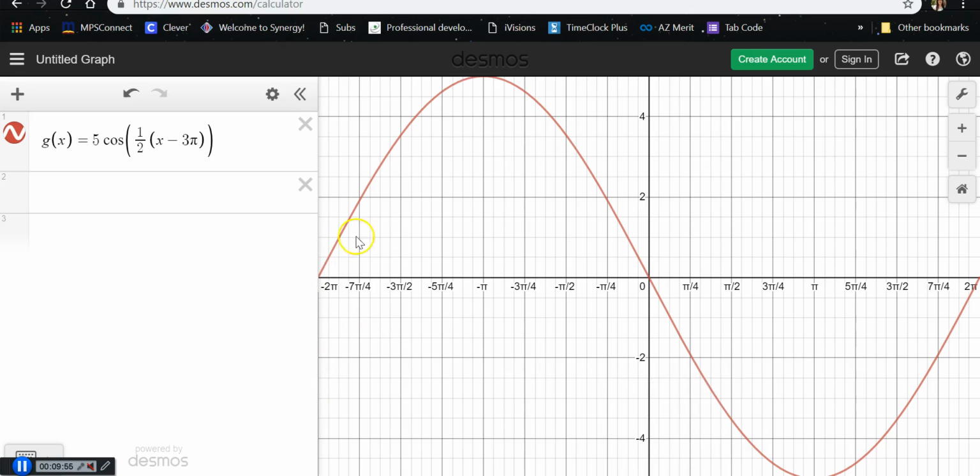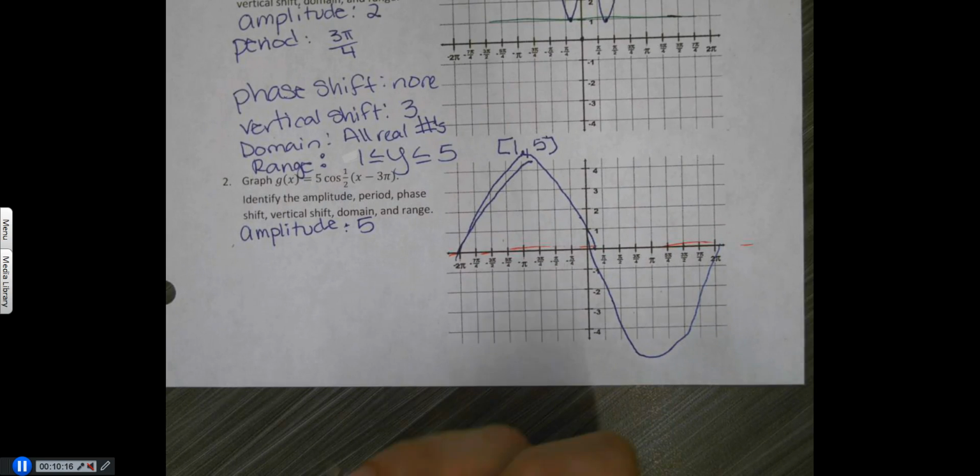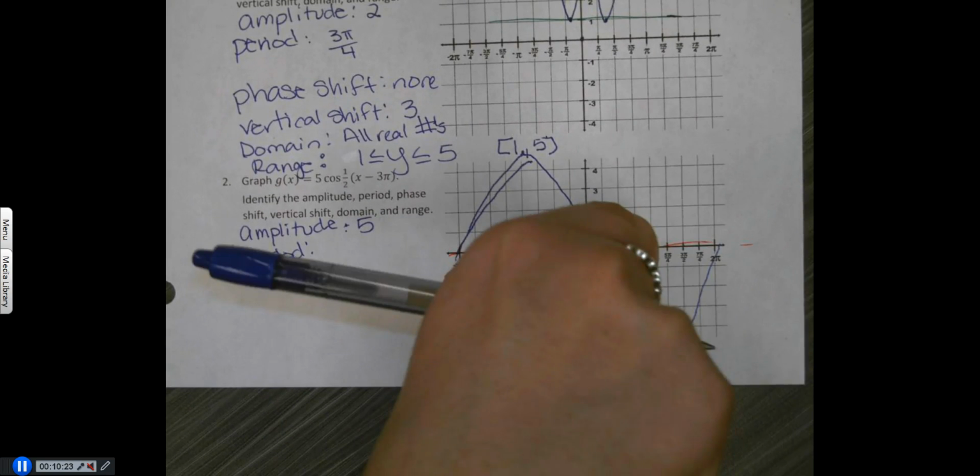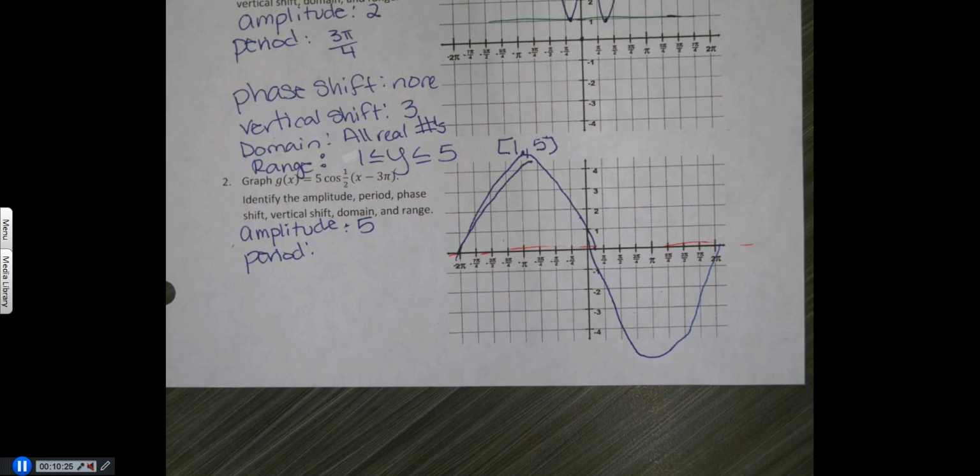Okay, so what's the highest point up here? It's 5. And the lowest point over here? Negative 5. You were right about it being 5, but I'm looking for the y value, because it's going down 5. So my amplitude here is 5. Then for the period, if I picked up these two pieces and put them together, it would make a weird looking circle.